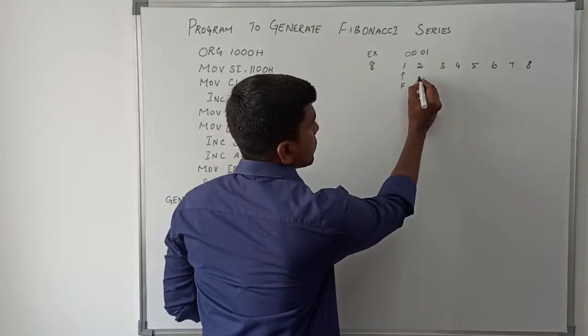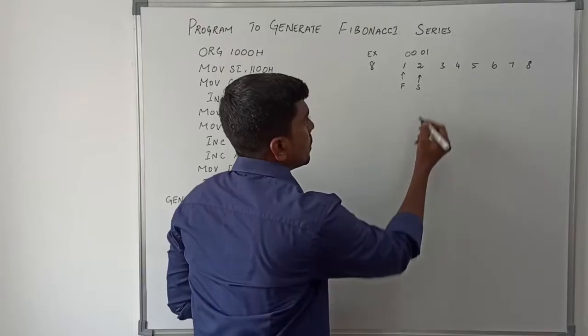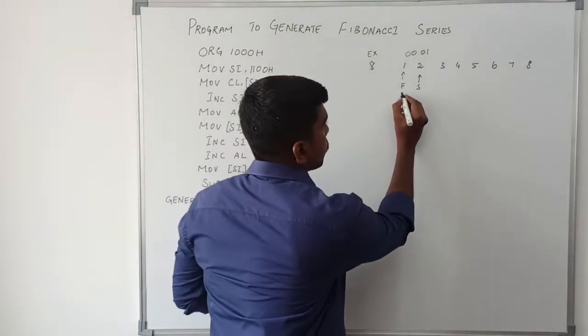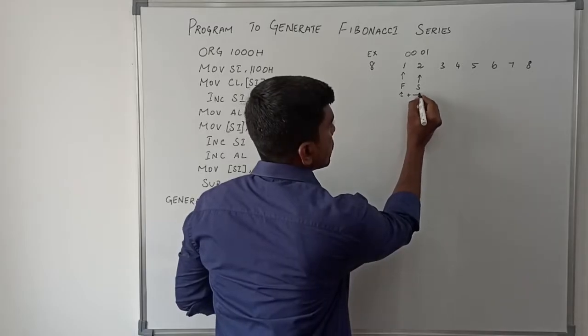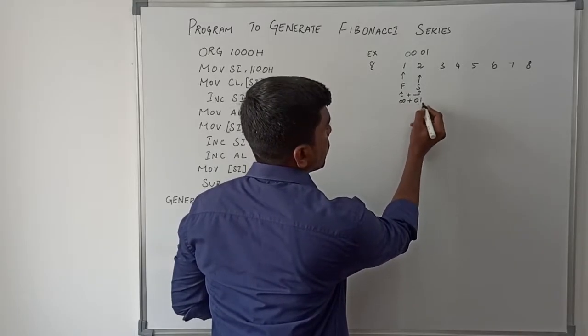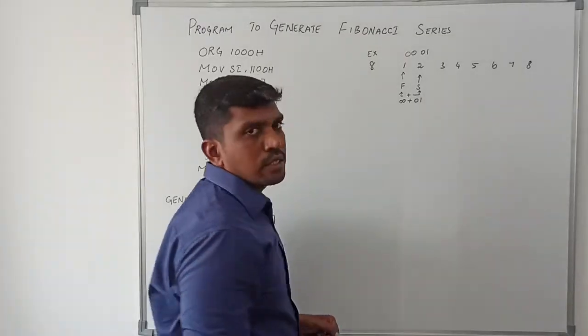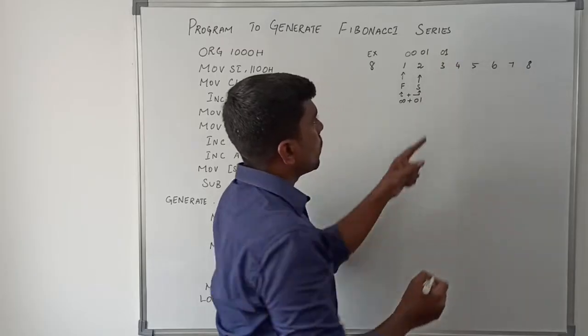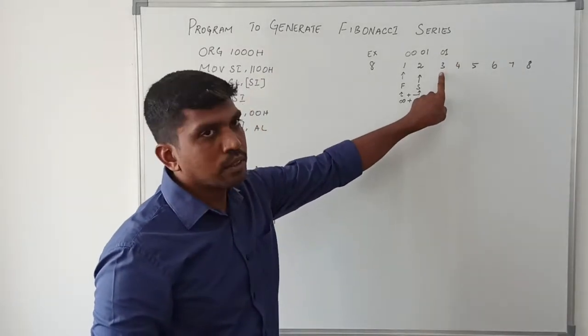This one is the first number, this one is the second number. Just add these two numbers: first number plus second number, 00 plus 01, the result is 01. So 01 is the Fibonacci series of 3.